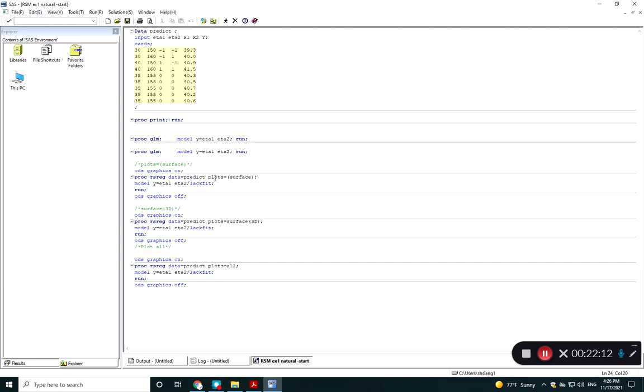You can plot the prediction, and then you can plot the response surface, and you can plot the regressions showing the lack of fit, okay, in a 3D surface.